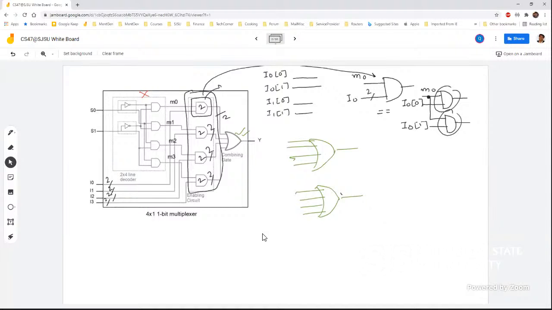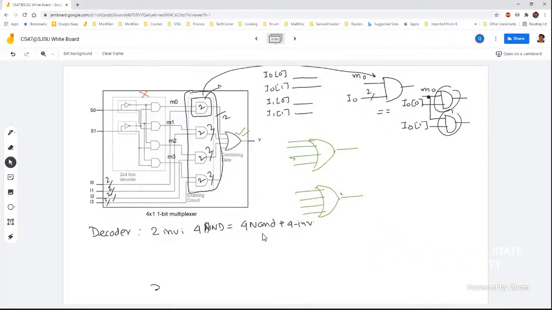So let's count for the decoder part. We have 2 inverter and 4 AND, that means 4 NAND plus 4 inverter.